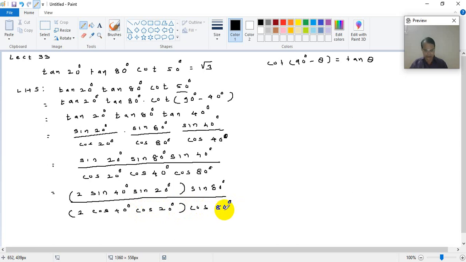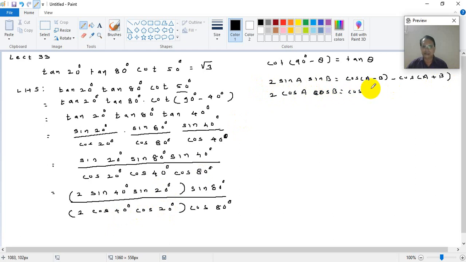Okay, so now what? We have here a term of the type 2 sin A sin B, and here 2 cos A cos B. So what are those formulae? This problem seems to be based on factorization formulae. See the formula for 2 sin A sin B: it is cos of A minus B minus cos of A plus B, right? And here you will have to use 2 cos A cos B. So here it is 2 cos A cos B type terms. What is it?